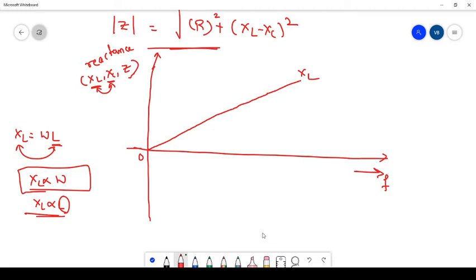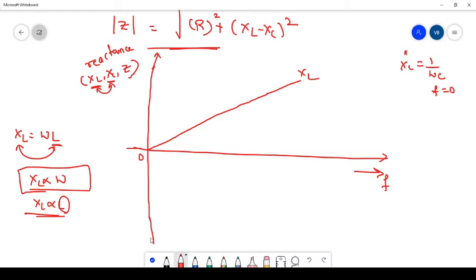Same thing, what about XC? XC is 1 by omega C. Whenever frequency is low, XC is high, and whenever frequency increases, XC decreases, which is the reverse. I am going to start at the initial point, F equals 0, where the reactance component will be maximum.